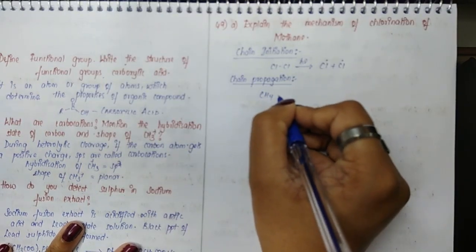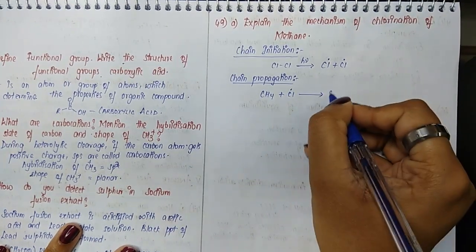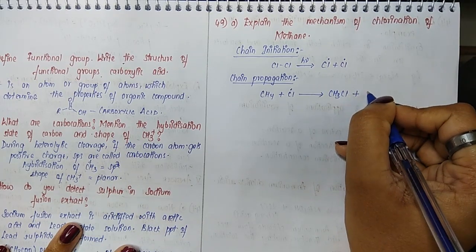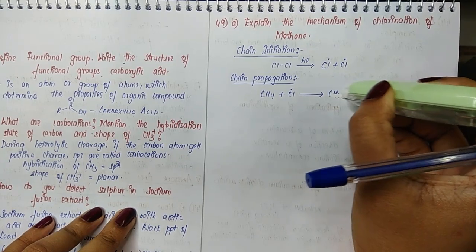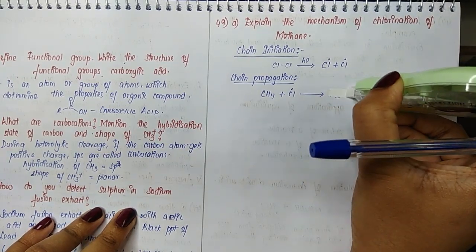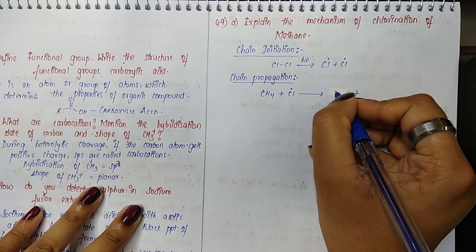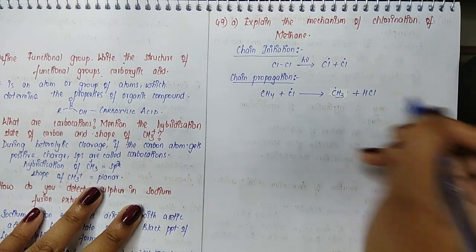So we have methane plus a Cl dot, which will give methyl chloride plus, you will get CH3 dot and a HCl.